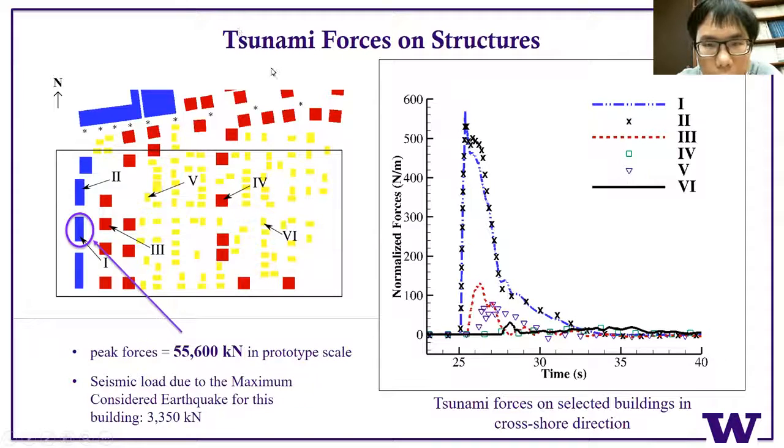And here if we compare the peak forces on building number 1 and convert it to prototype scale, we get 55,000 kilonewtons.